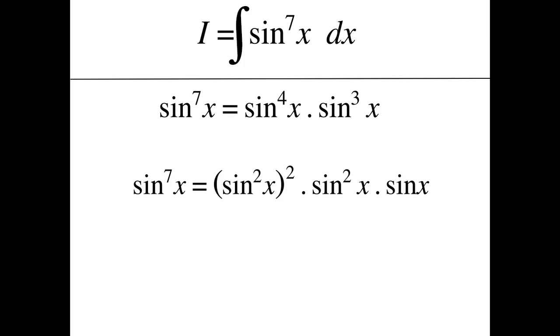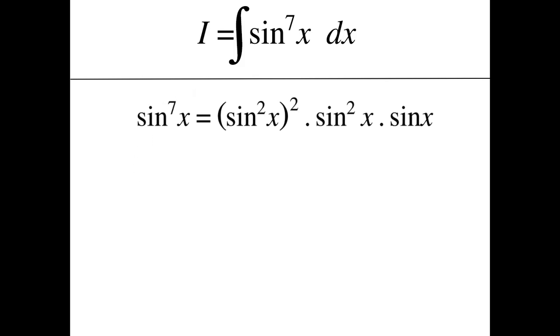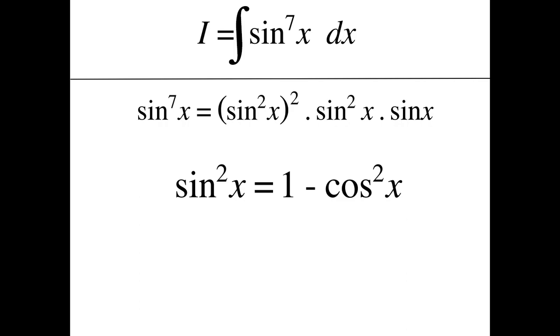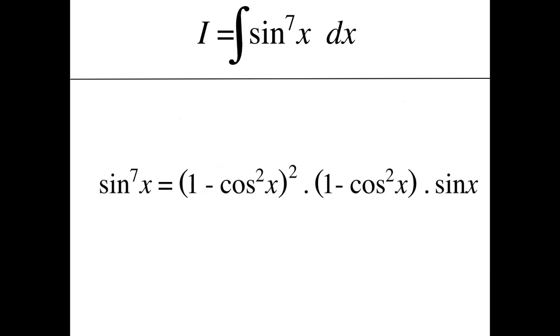So in place of sine square x, we can place 1 minus cos square x, and after that we can easily use u substitution and integrate this. Okay, so sine square x can be written as 1 minus cos square x. Now just substitute the variables, and you'll get this whole term.